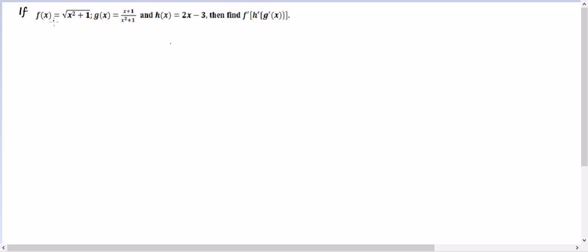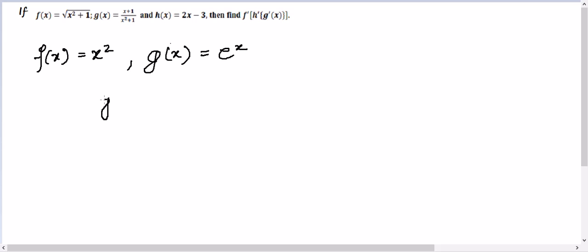To solve this question we need to understand what it is first of all. Suppose we have a function f(x) = x square and g(x) = e to the power x. What will be g of f(x)? As f(x) is x square, we can write it as g of x square.